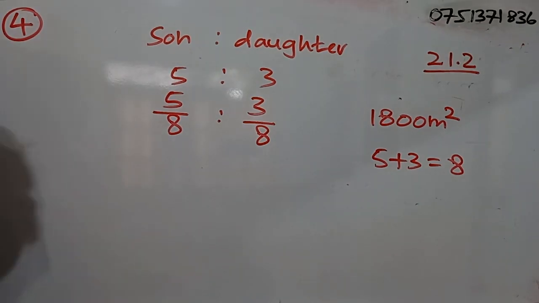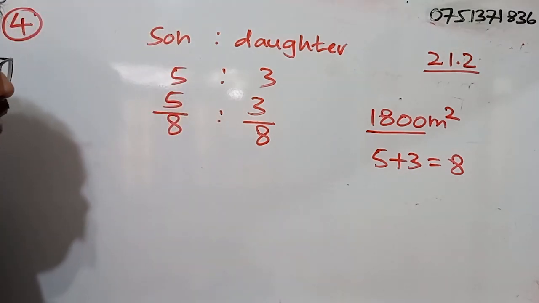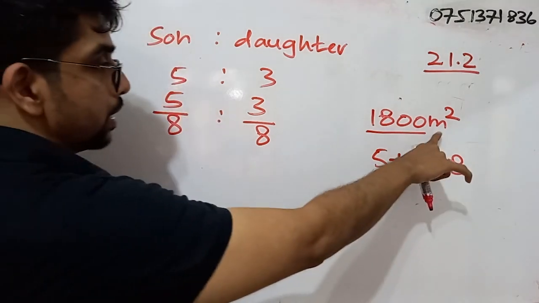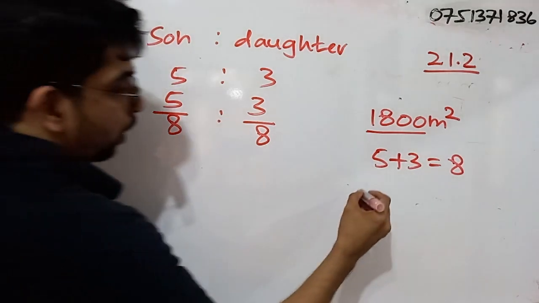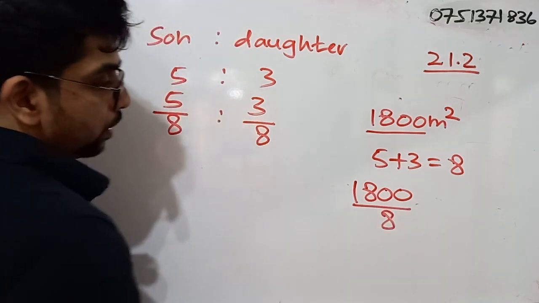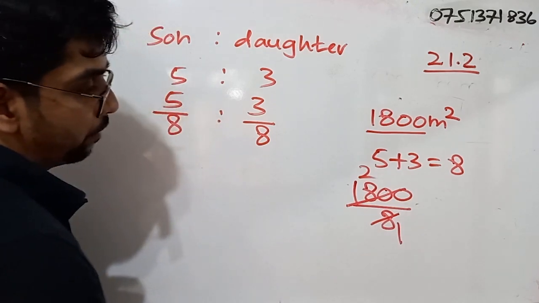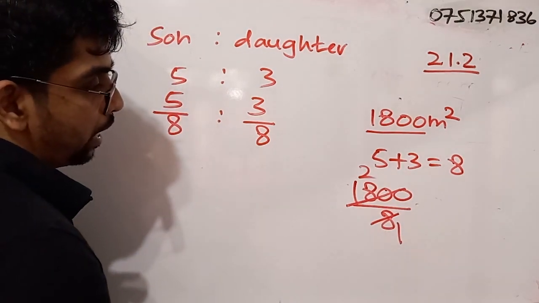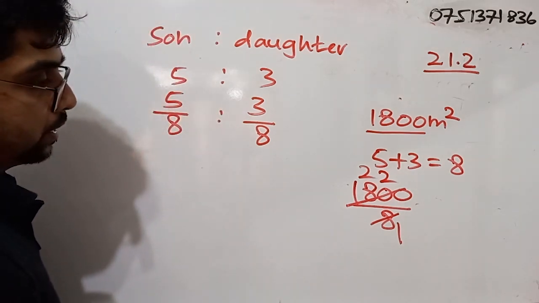So what is the value of one part? The total amount of the land is 1800 square meters. We have to divide it by 8, right? So 1800, we have to divide it by 8. So 8 times 1 and 8 times 2, and we get a 20. For 20, 8 times 2 is 16.